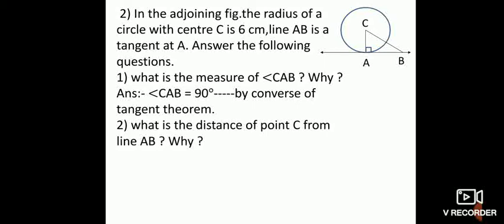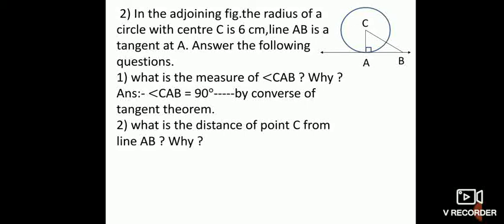The first question is, what is the measure of angle CAB and why? In the figure, observe angle CAB. Angle CAB is the angle formed by the tangent and the radius.